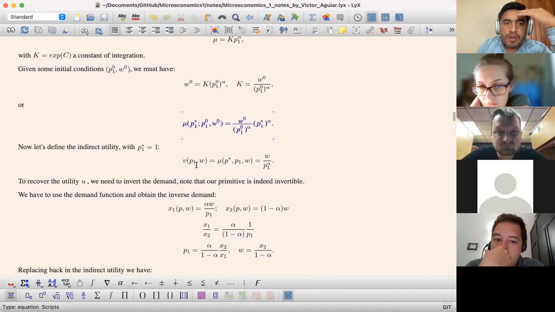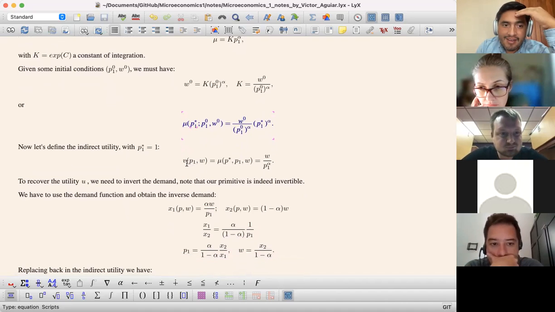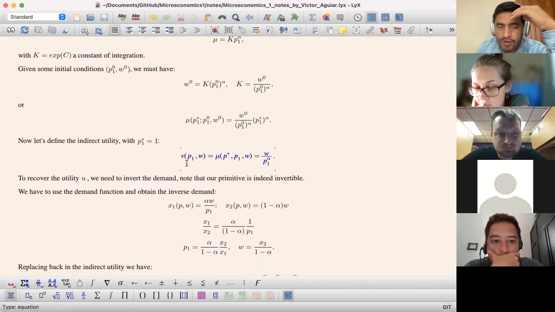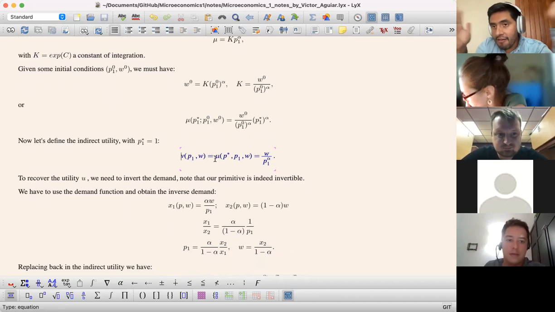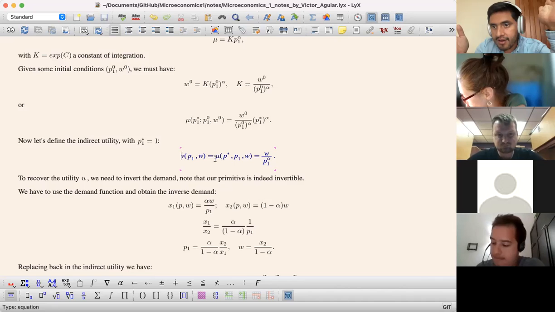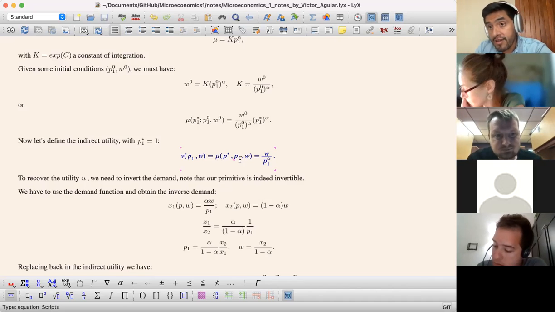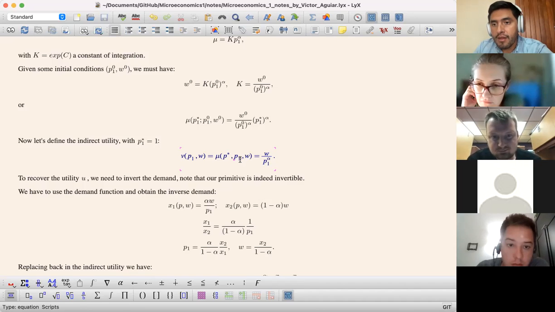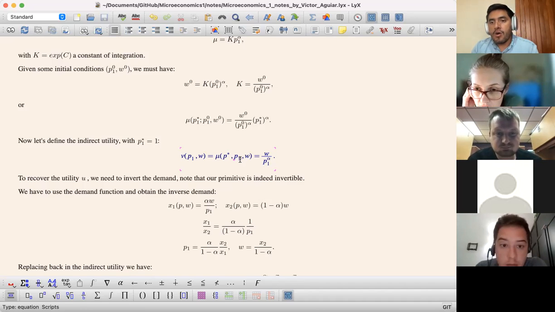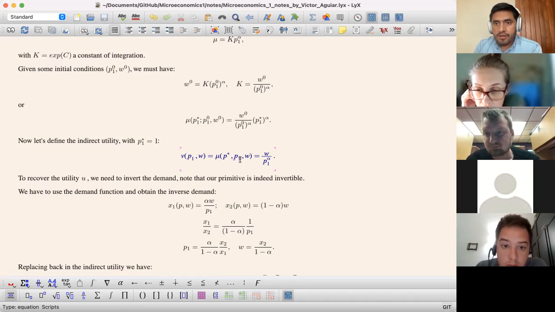Once you have done it, now you declare the candidate indirect utility V of P1, W to be the mu at any fixed price level P1 star for the variable P1, W that were the initial conditions, okay? Do you understand?